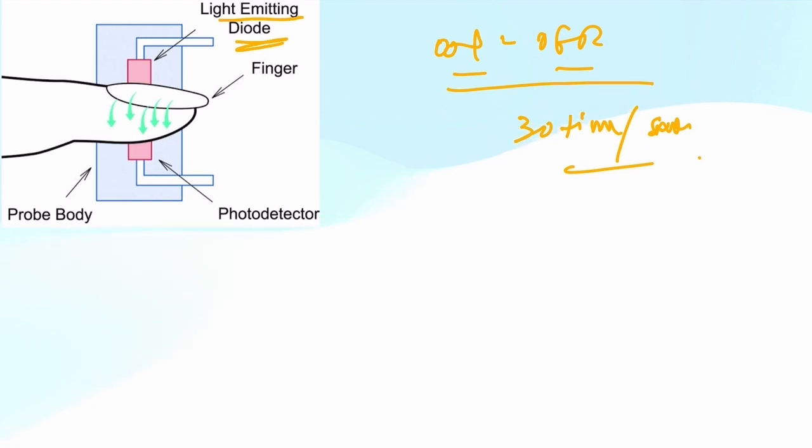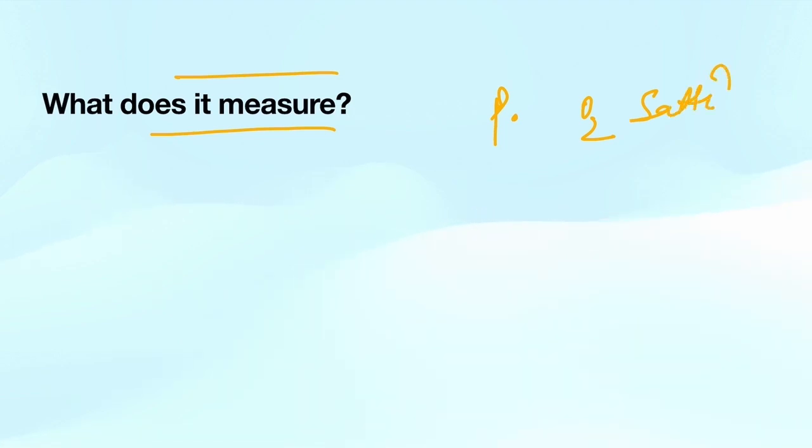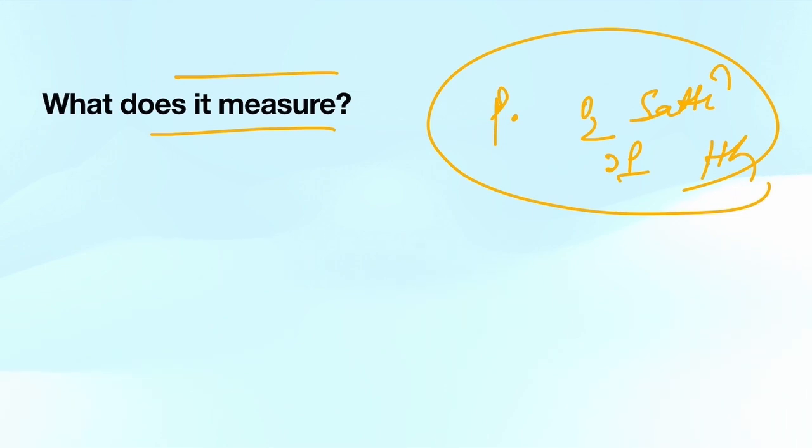Okay, so basically what does it measure? It simply measures the peripheral oxygen saturation of hemoglobin, nothing else, right? Only the oxygen saturation of hemoglobin is measured. So let us consider an example.